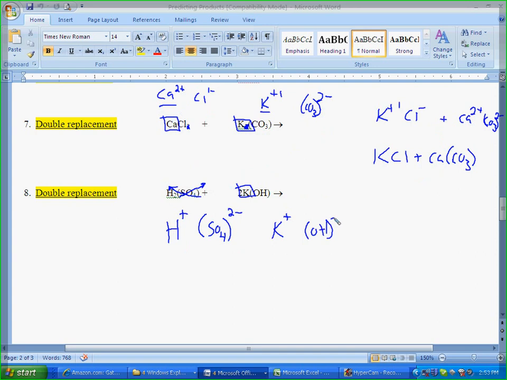That gives us K plus and SO4 2 minus, and the other product is going to be H plus and OH minus. This, of course, is going to be rewritten as H2O. And then how many Ks do we need to balance the whole thing? 2. K2SO4.